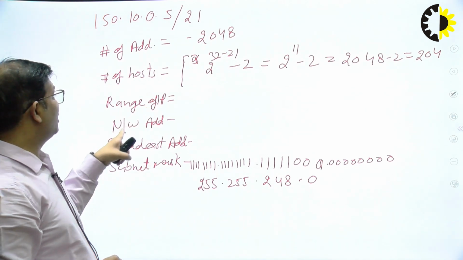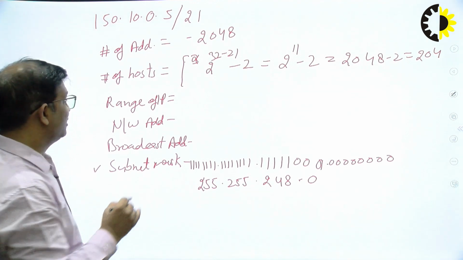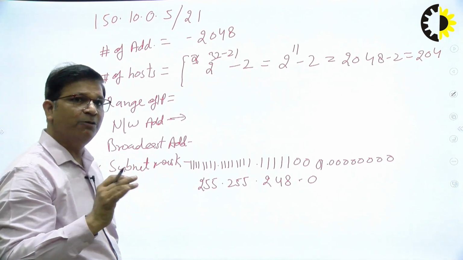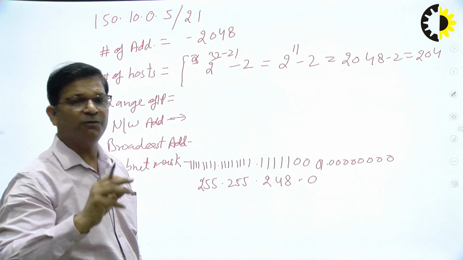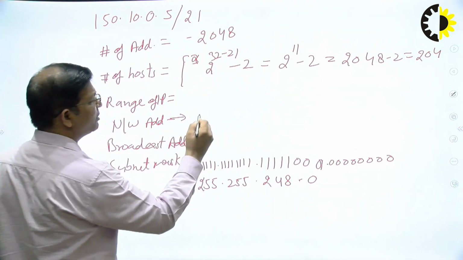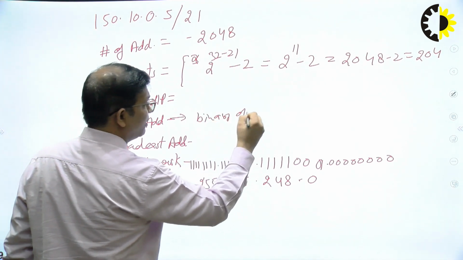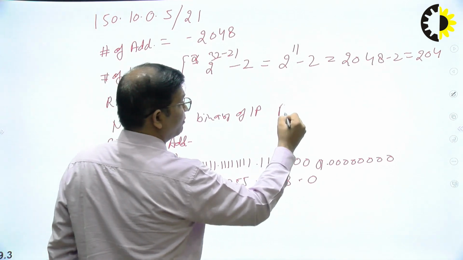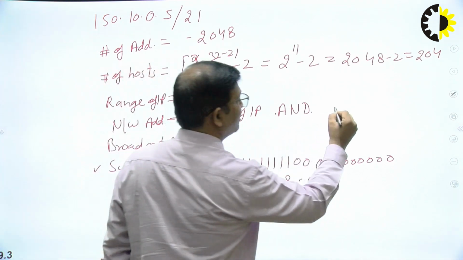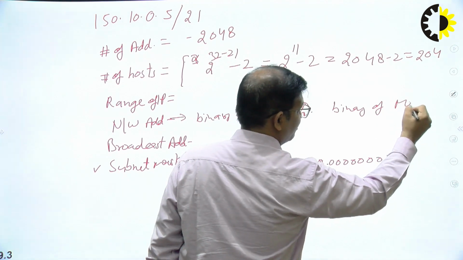What is the range of IP addresses, the network address, and the broadcast address? To find the network address, we can do some mathematical calculation, or we can assume it on our own. The network calculation is the binary of the IP AND operator, keep in mind, AND operator, with the binary of the mask.